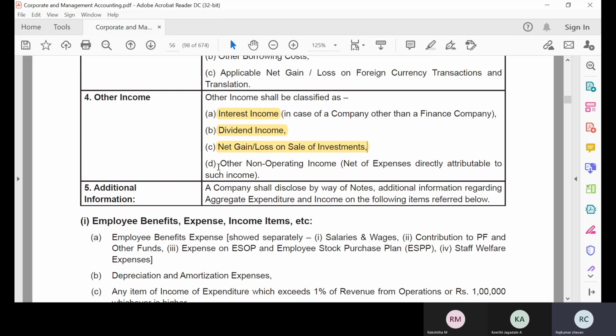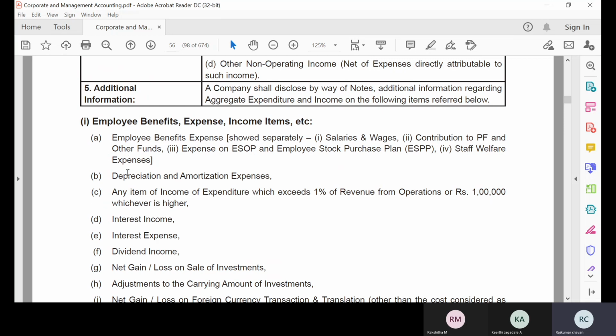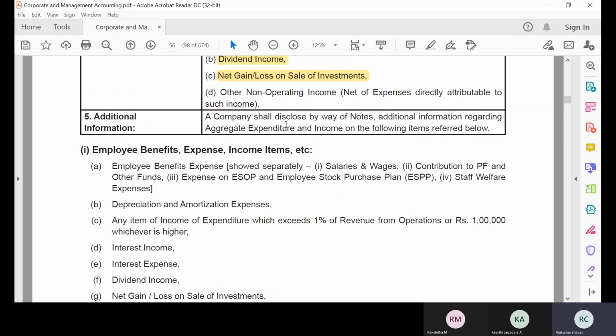Next one is other non-operating income. Other non-operating income means those which are not related to your daily income. Even that is also considered other income. Next, additional information they have given here. The company shall disclose by way of notes additional information regarding aggregate expenditure and income on the following items.